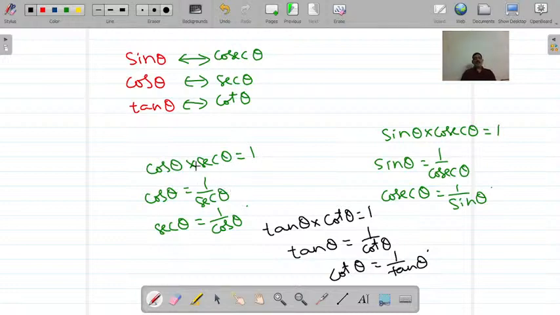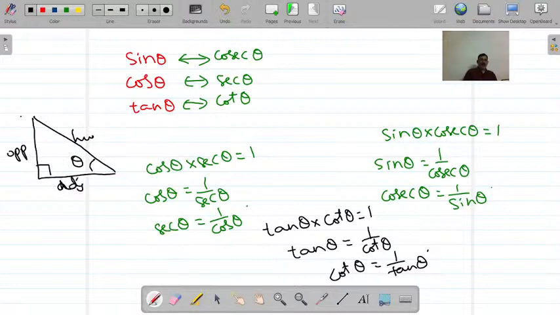Means cos theta is the reciprocal of secant and secant is the reciprocal of cos. Likewise, sine and cosecant. What is the logic in this? You observe in this right angle triangle, if this is theta, this is opposite, this is adjacent, and this is hypotenuse.